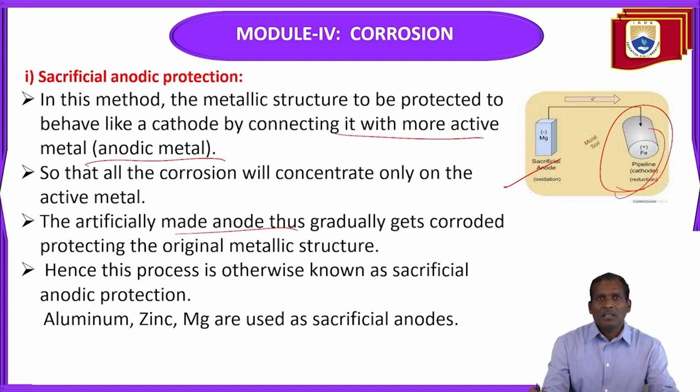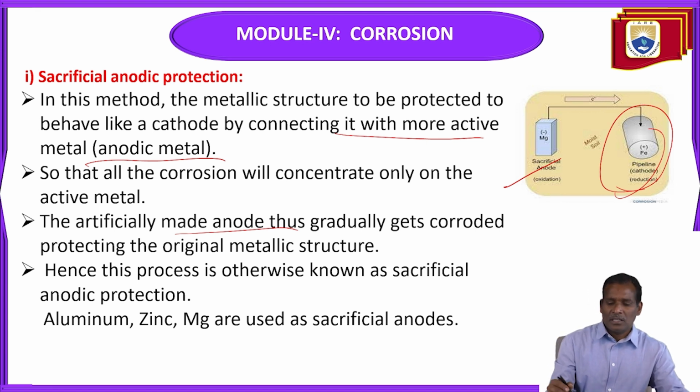In this case, the corrosion will concentrate only on the active metal. Which one is the active metal here? The magnesium. Here magnesium is taken. So this is called a sacrificial anode, protecting the original metallic structure. Hence, this process is otherwise known as sacrificial anodic protection.